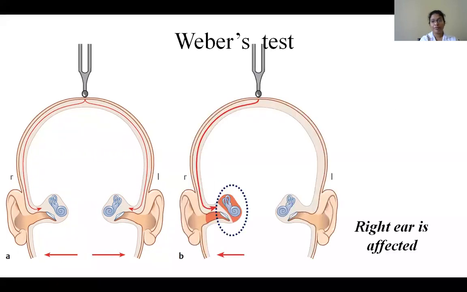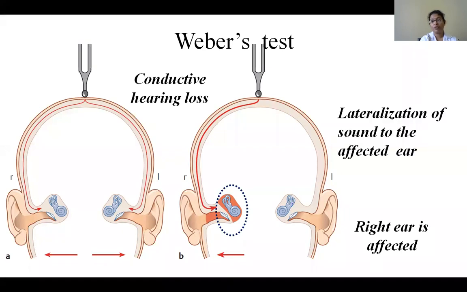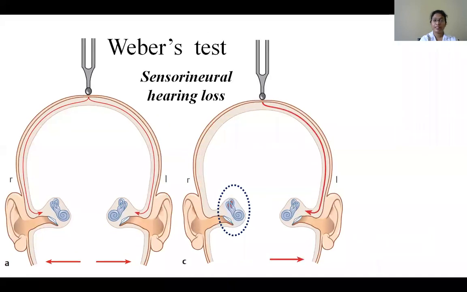Now, what will happen when there is conductive hearing loss in the right ear? Whenever there is conductive hearing loss, because of the absence of the masking effect, the bone conduction would be perceived better in the affected ear. So, the result would be the sound would get lateralized to the affected ear. And when there is sensory neural hearing loss, what is going to happen?